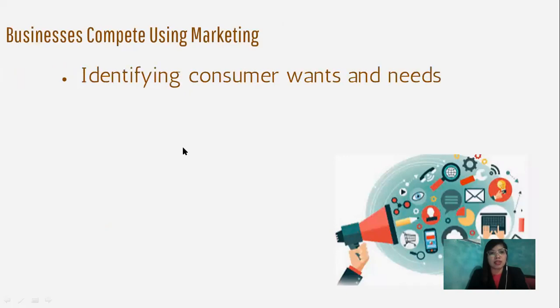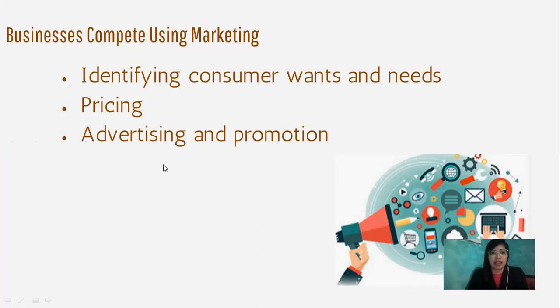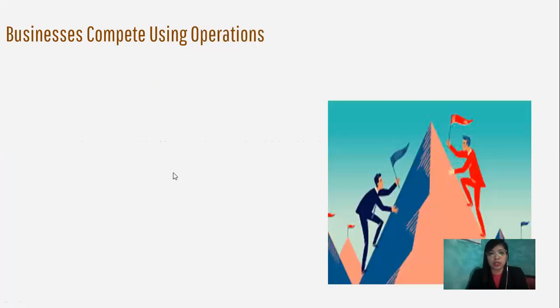Businesses compete using marketing. So we need to identify the consumer's wants and needs. These were already tackled in the last session, as well as the pricing, advertising and promotion.